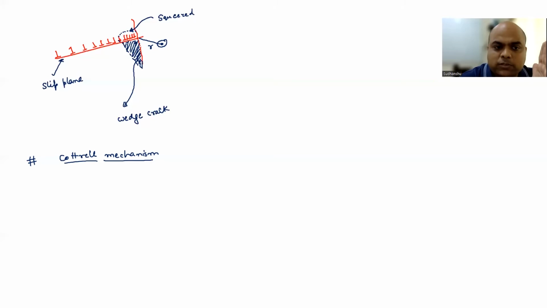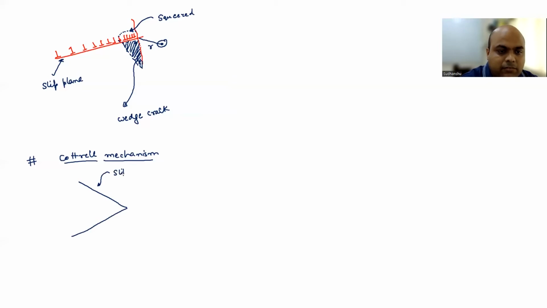Cottrell proposed that there are two slip planes, dislocations are moving on those slip planes, and then they are going to interact, and if they fall in the cleavage plane, which is not a slip plane, they are not going to glide. Then there will be pile up of dislocations on both slip planes. If that happens, that is called the Lomer-Cottrell barrier or Cottrell barrier, and it will lead to the formation of crack.